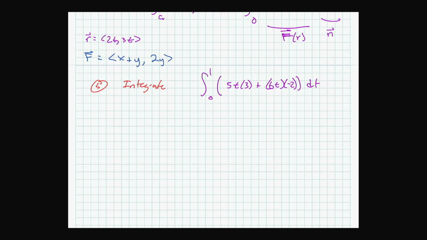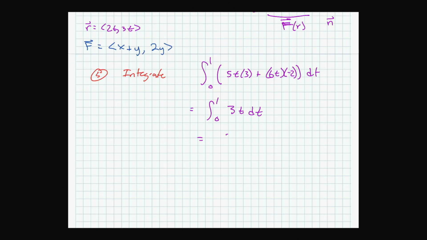Okay, I guess we can just finish it. 0 to 1. So what do we got? We have 15t minus 12t, so that's 3t, right? And then you'd just be integrating this. So you'd go 3t squared over 2 from 0 to 1, and that looks like 3 halves. So there's your flux.